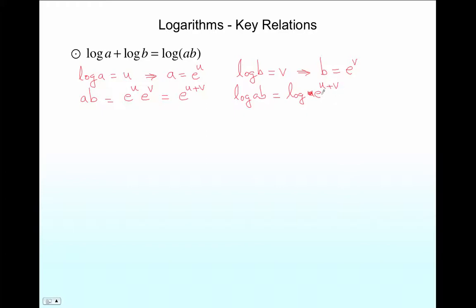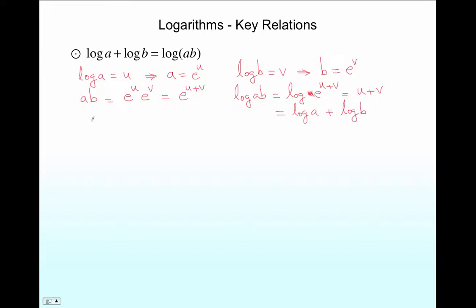And log of e to the anything is u plus v itself, which means that we have proved that log of ab is equal to log of a plus log of b.